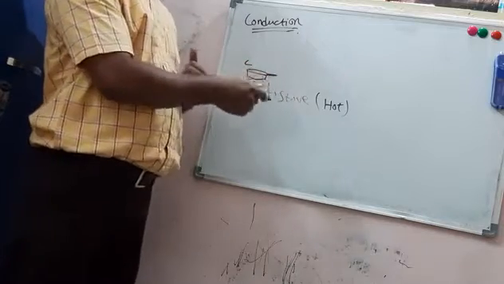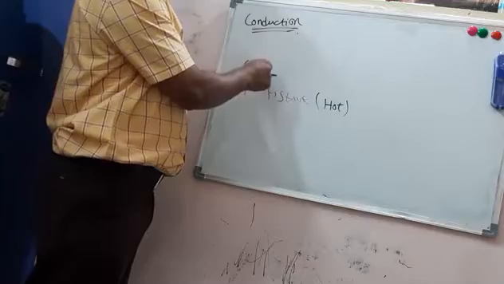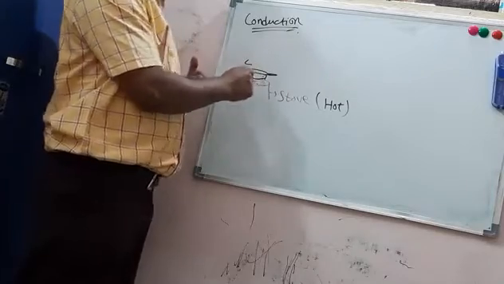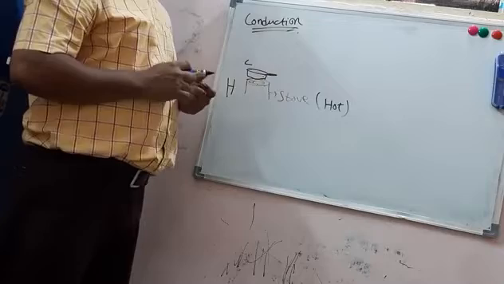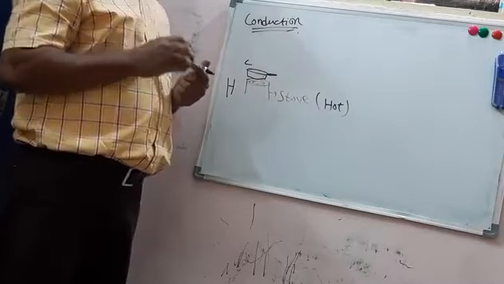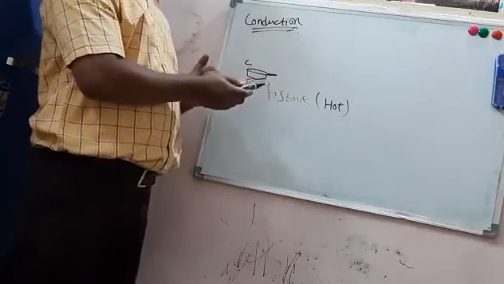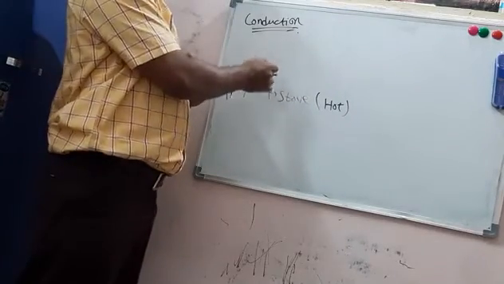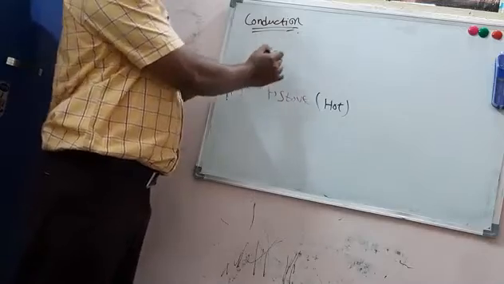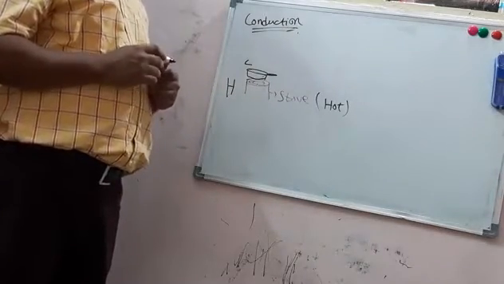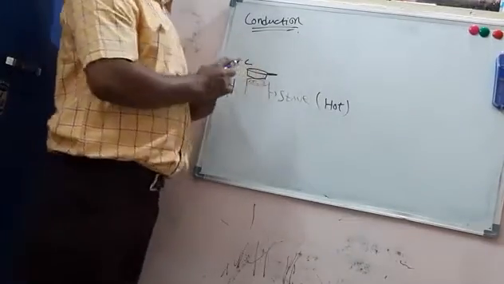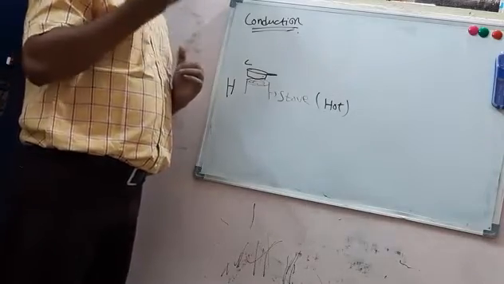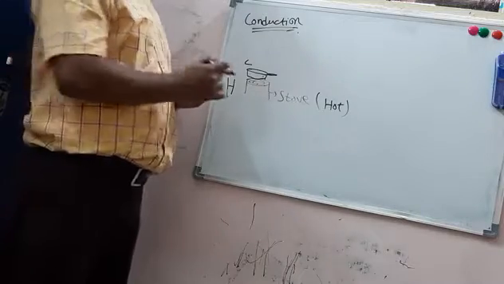At the beginning, the atoms and molecules making up the vessel vibrate at lower amplitudes. Once the vessel and stove come in contact, this kinetic energy is transferred to the vessel. Now the atoms and molecules making the vessel start to vibrate and acquire the same kinetic energy with the same amplitudes.